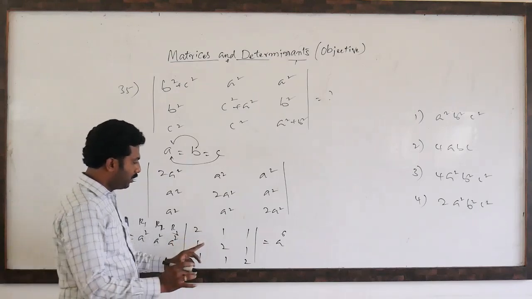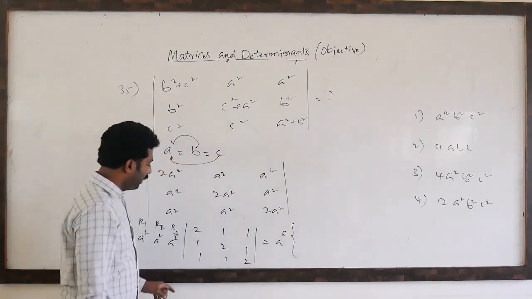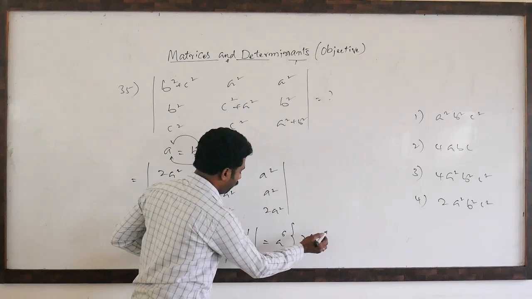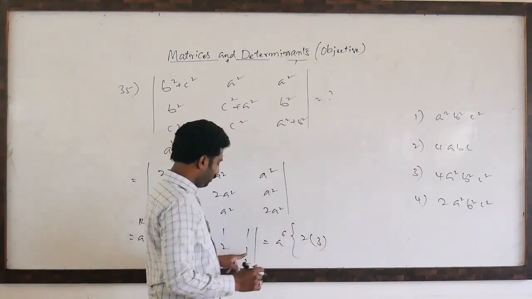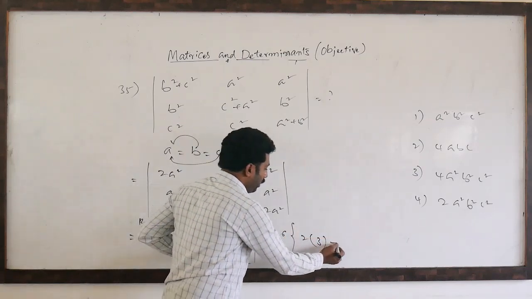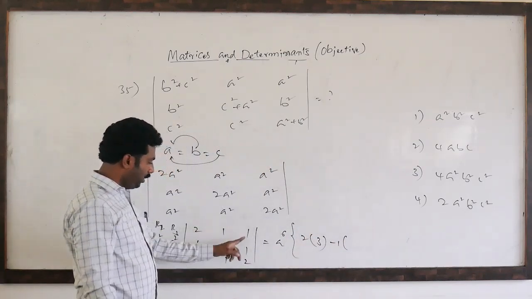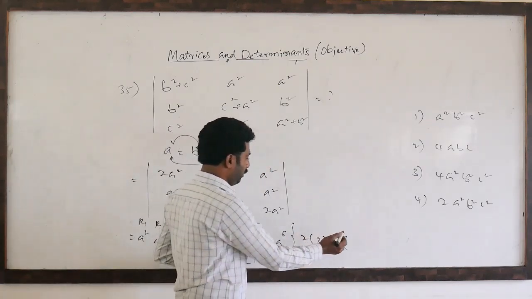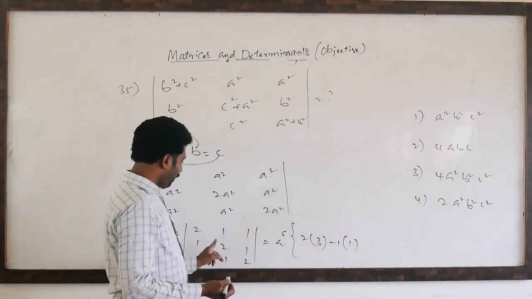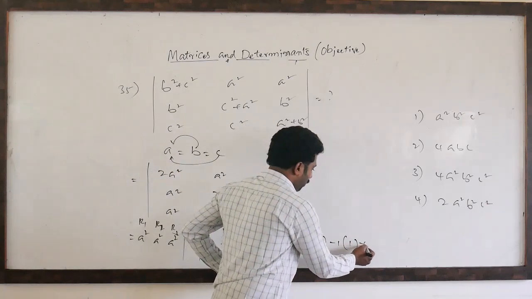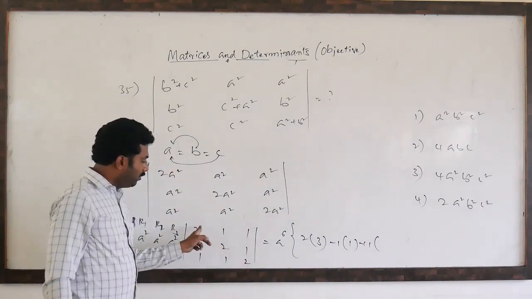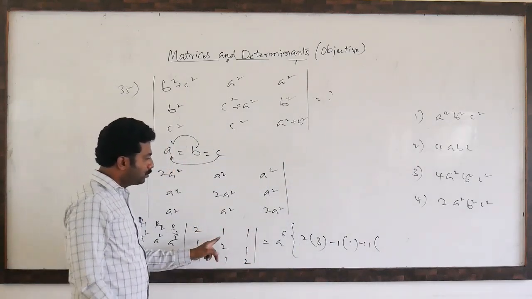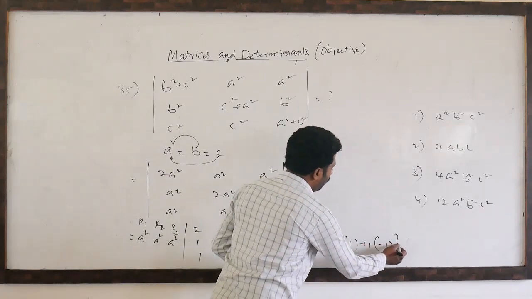Then this one you observe. If you expand this one, what will we get? 2 into 4 minus 1, nothing but 3. Minus 1 into 2 minus 1, it will be 1. Plus 1 into, if you close this column and this row, 1 minus 2, it will be minus 1.